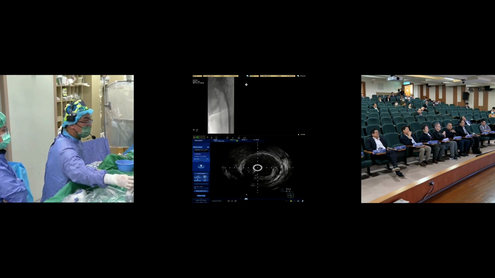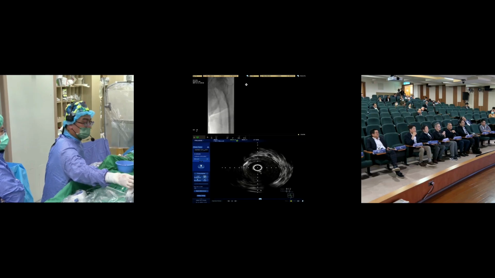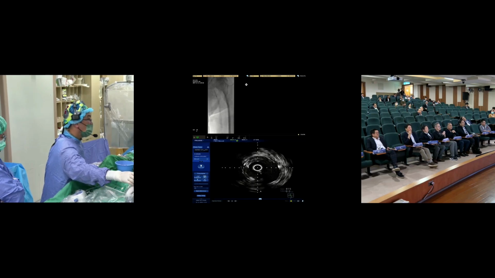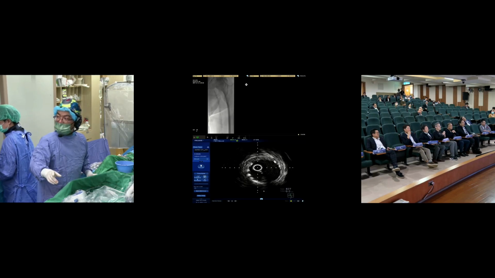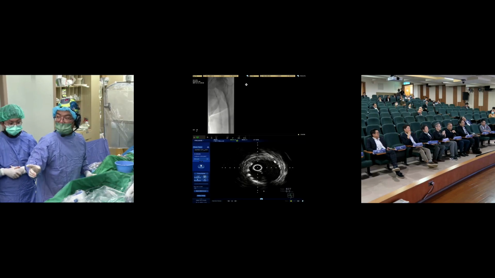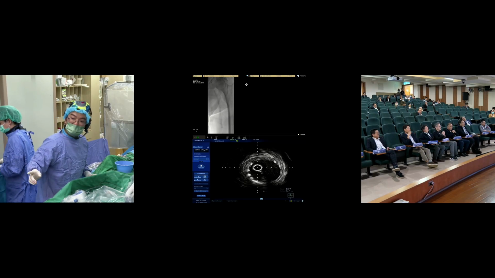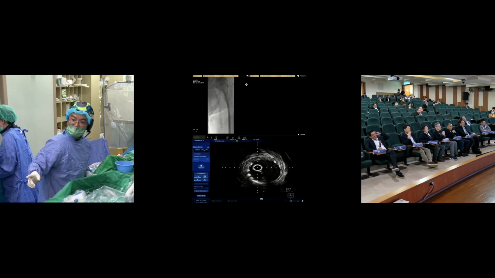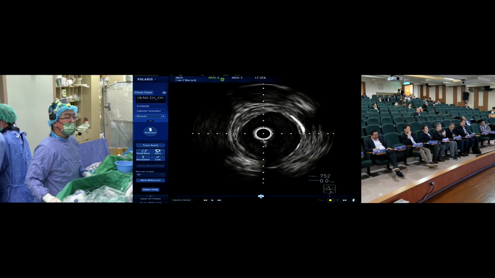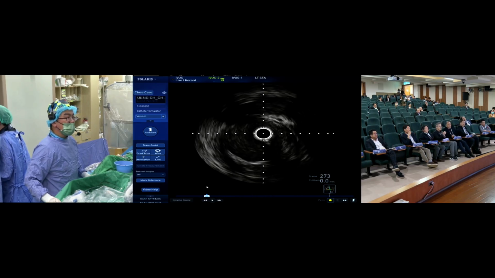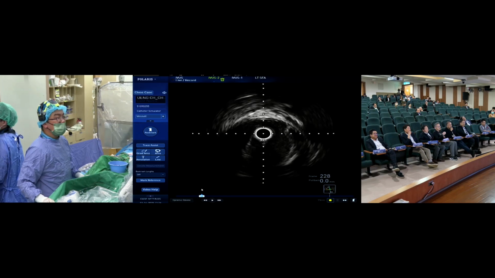We put the stent in the proximal SFA, including IVUS. We see IVUS first. Yeah, IVUS first. Okay. So can everyone see the IVUS on the screen?